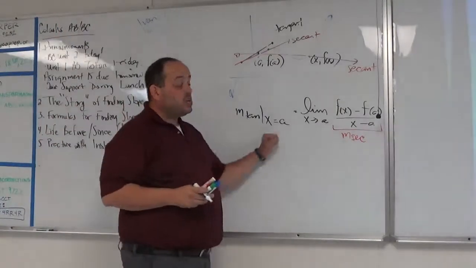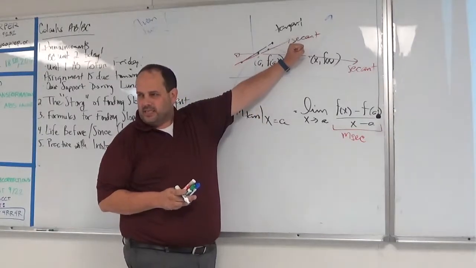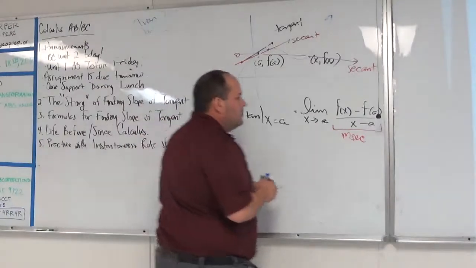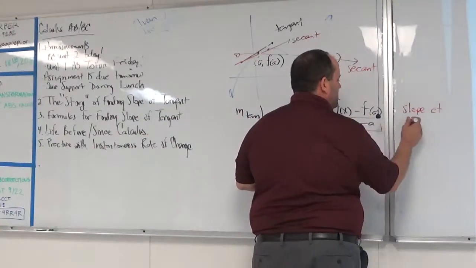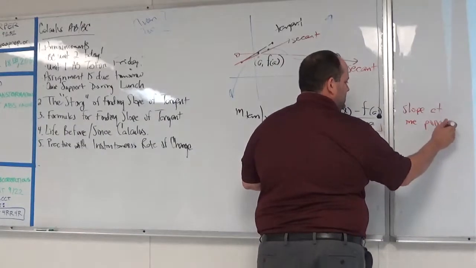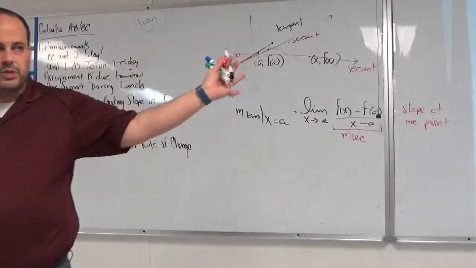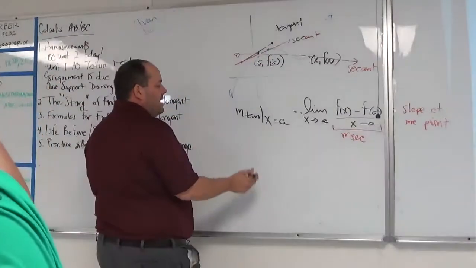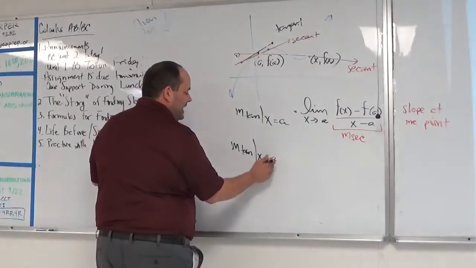Most of you are really good using the formula, but I also want to make sure you understand conceptually what's going on. So this is formula number 1. This is going to tell you the slope at 1 point. So I say, hey, go find the slope of the tangent line at this particular point. Everyone's going to use that formula. There's another one that we talked about that also tells you the slope of the tangent line at x equals a.